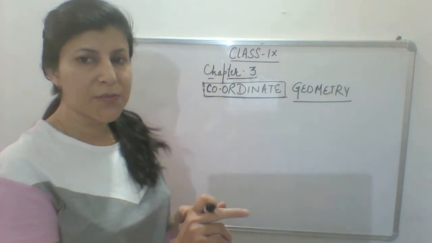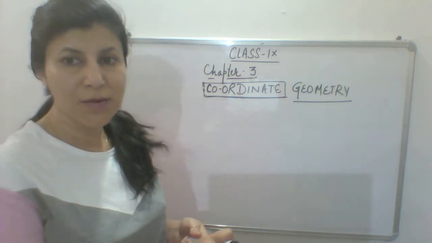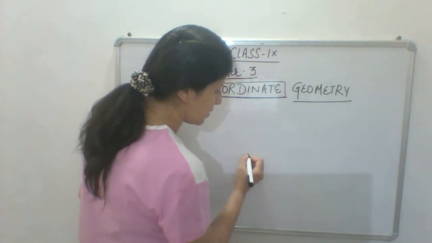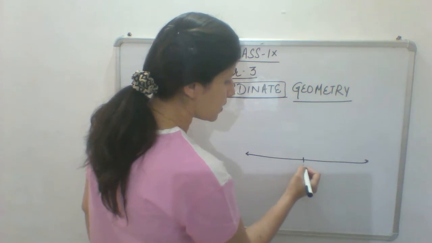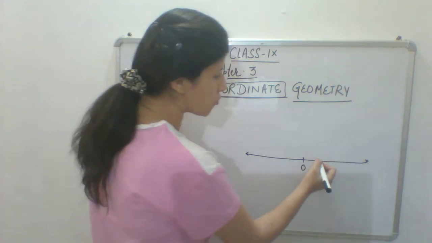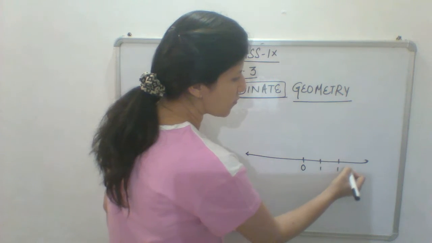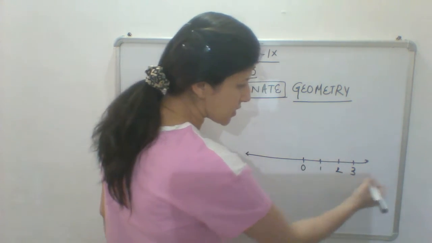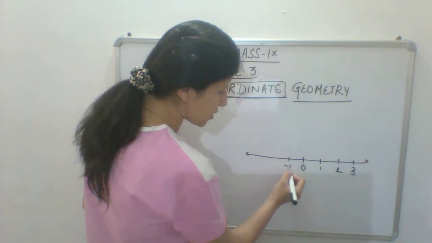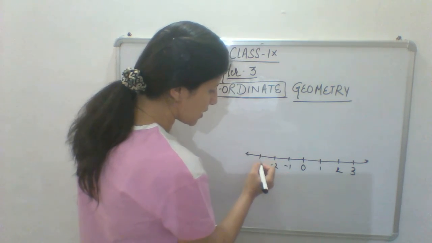Now, do you remember in our previous classes we have already learnt about the number line? This is our number line. In the middle we are having 0. On its right side we are having positive numbers, and on its left side we are having negative numbers.